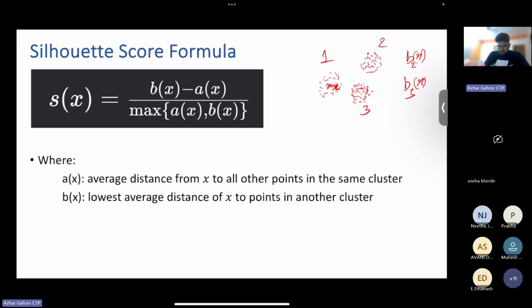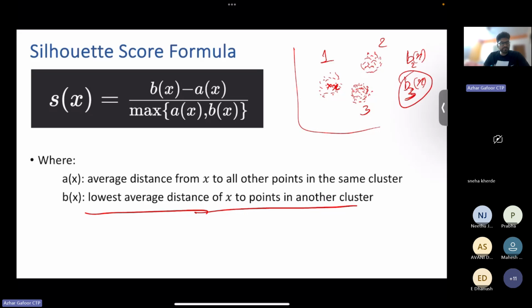Now we have b of 2 and b of 3. Then we choose b of x such that it is the lowest average distance of x to points in another cluster. In this case, from the figure, b of 3 will be considered. Then the Silhouette score is b of x minus a of x, divided by the maximum of a of x or b of x. So in this case, it will be b3 of x.